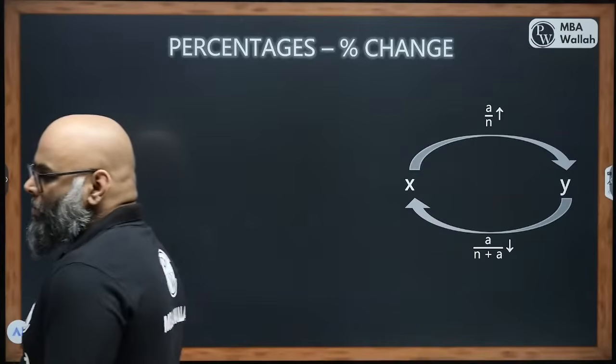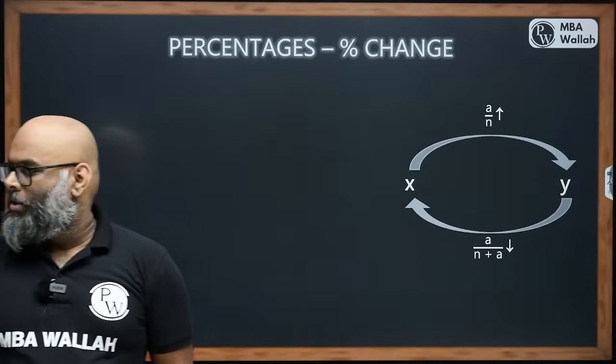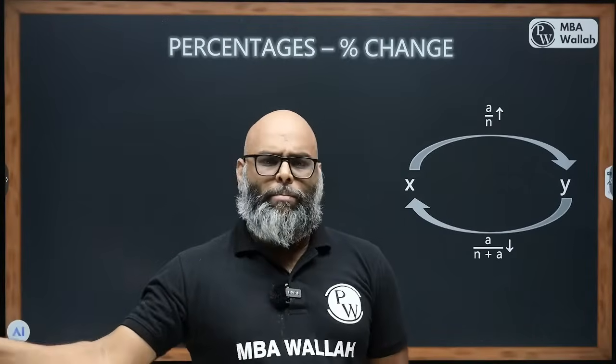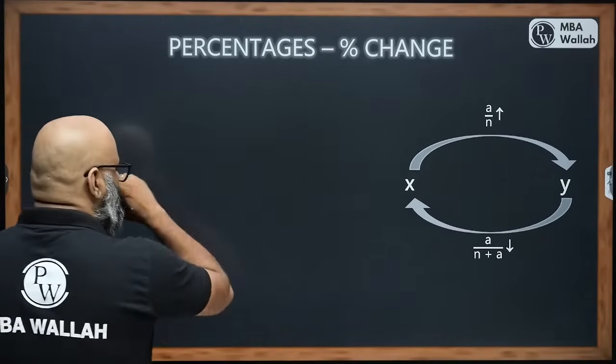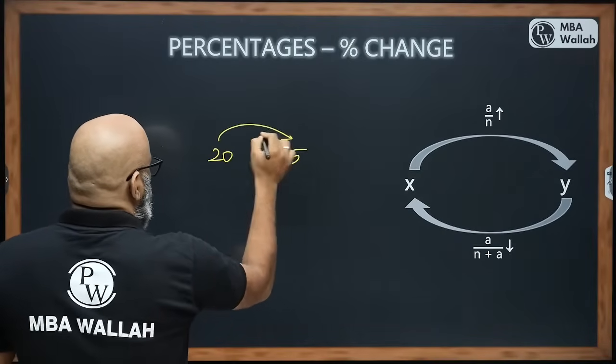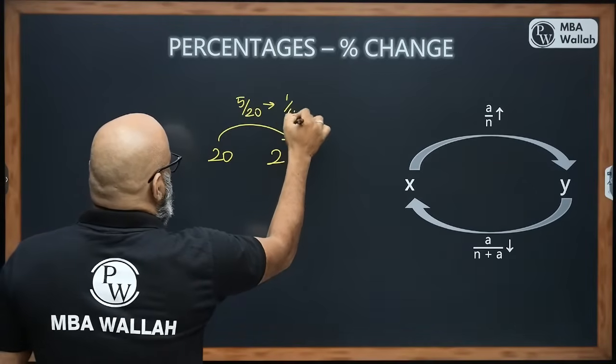Clear? Any doubts? Any questions? Works every time, anytime. Check this out. If I say from 20 it has gone to 25, it is 5 by 20, which I can write as 1 by 4 increase.